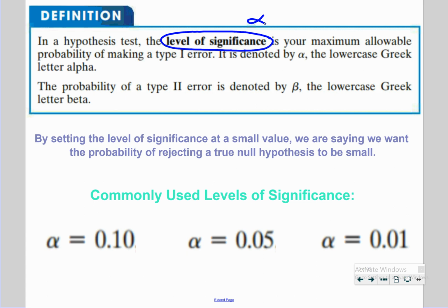So the most common levels of significance that we use are 0.1, 0.05, and 0.01. And you guys probably have seen those on like your Z and T tables that we've done before, so we're going to be coming back to those later when we start doing the math. So the smaller alpha is, the less likely you are to make an error. So like 0.01 would be ideal.